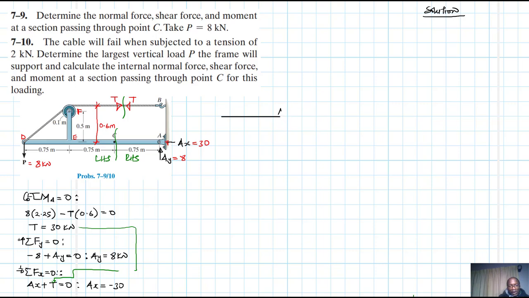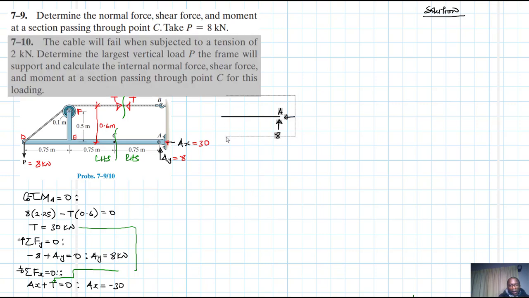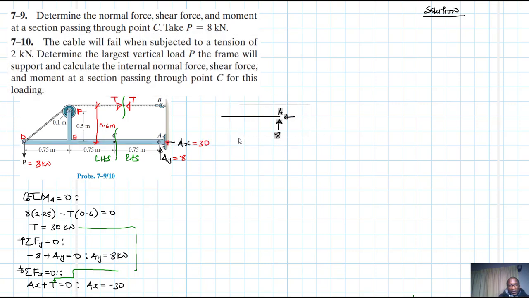This point is A. We have a force there of 8 kilonewtons. We have another one, let me push it a little bit in, like so. I bring it here like this.